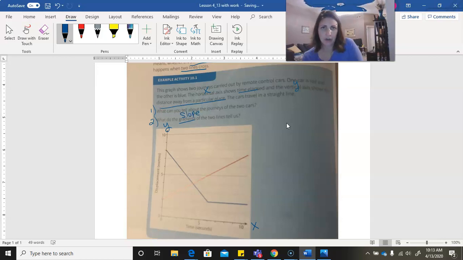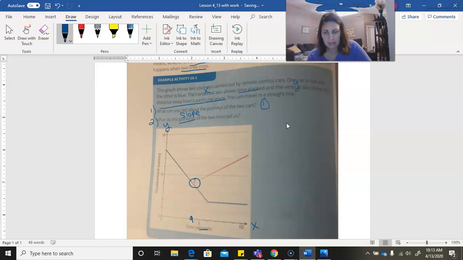For number 1, a couple of things I would write down. What can you tell about the journey of the two cars? Hopefully you see a couple of different things, like what we just talked about. Let's look at the red line. Right here where they cross, this is about 4 seconds.